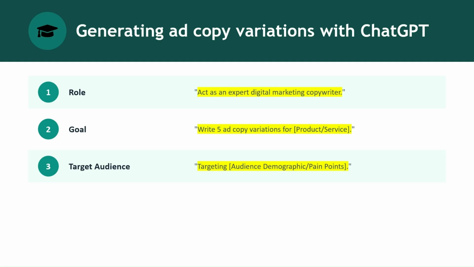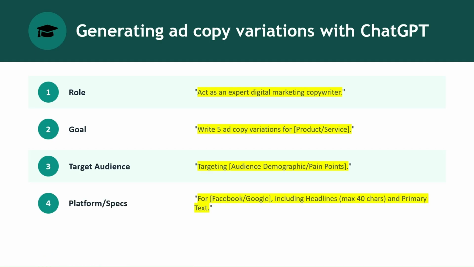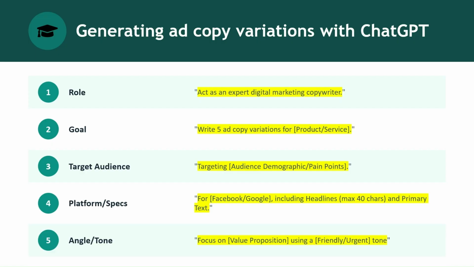What's the platform? The specification is for Facebook, Google, or, as you've seen before, LinkedIn and so on, including headlines, it depends. Maximum characters: specify a limit, and primary text. Finally, what's the angle and the tone? Focus on the value proposition using a specific tone, friendly, urgent, and so on.